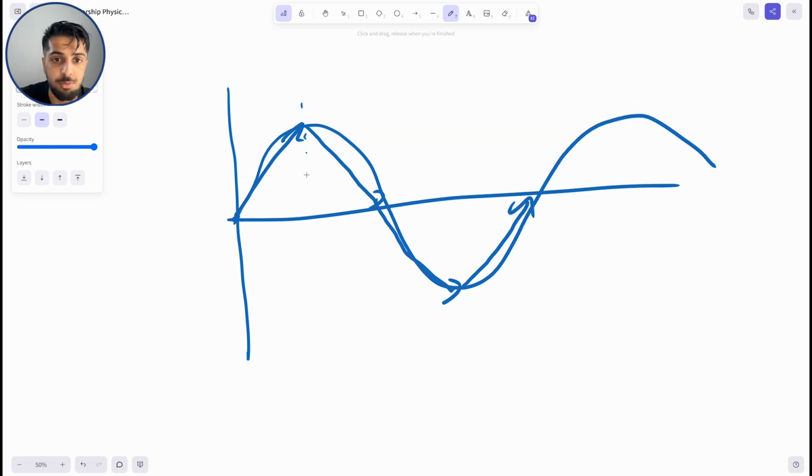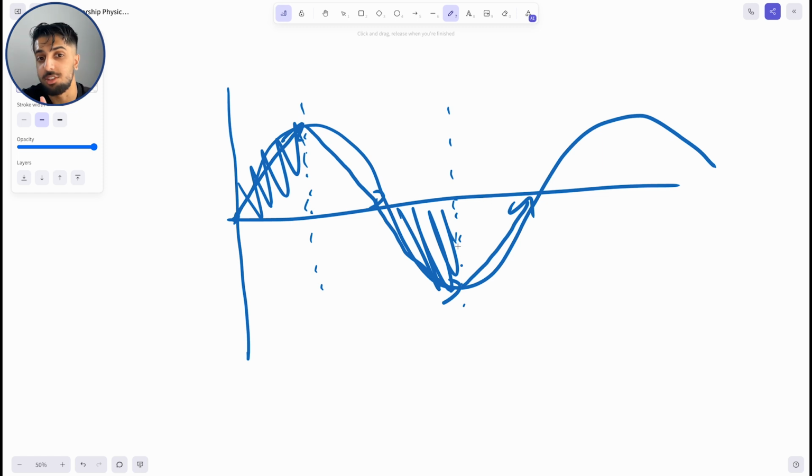We can split it off into 4 quarters, like so, and each phase will have a different movement. As you can see, these two phases right here are the same, just in opposite directions, and these two phases right here are also the same, also in opposite directions. And so in my answer, I will also relate to these different phases.